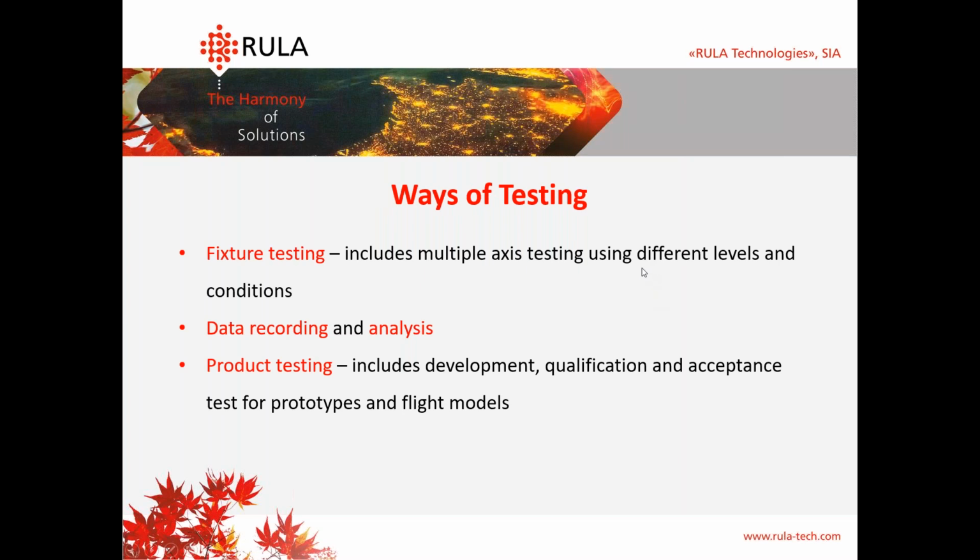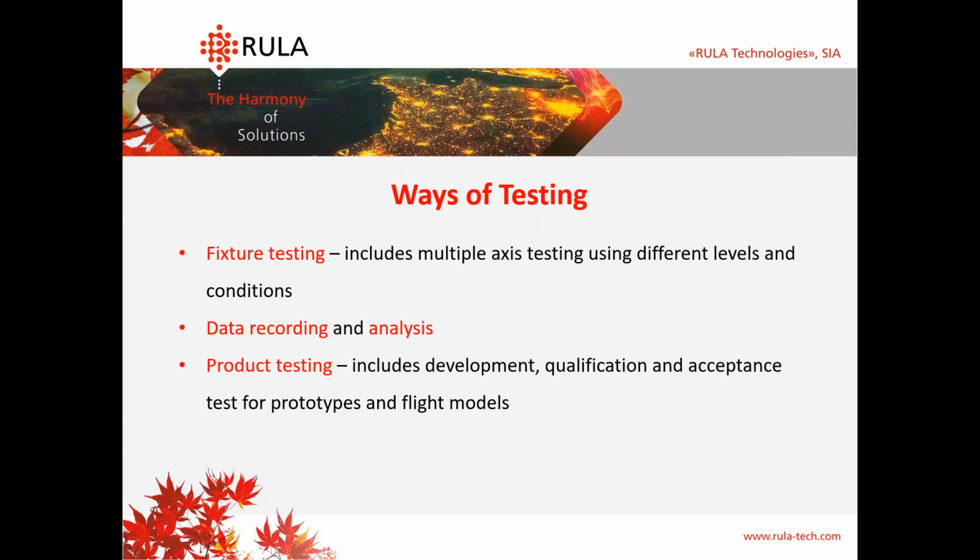There are three main ways of vibration testing in aerospace. The first one is fixture testing. Usually, fixtures for aerospace are designed to handle all kinds of resonances and resonance frequencies below 500 Hertz and minimize all other resonances.